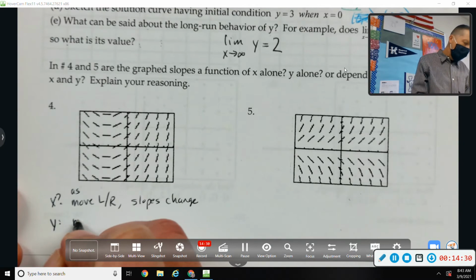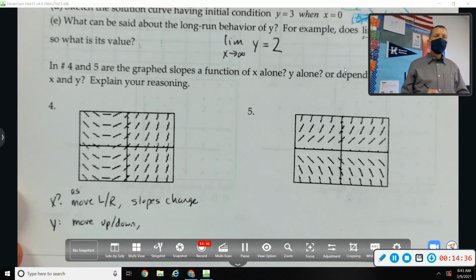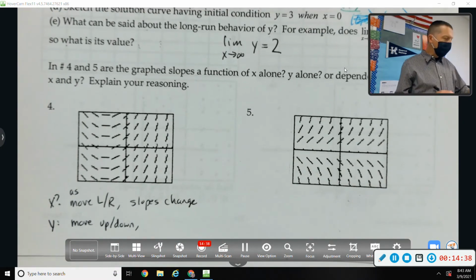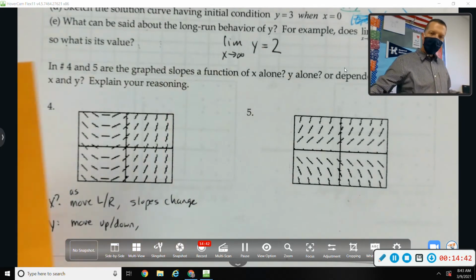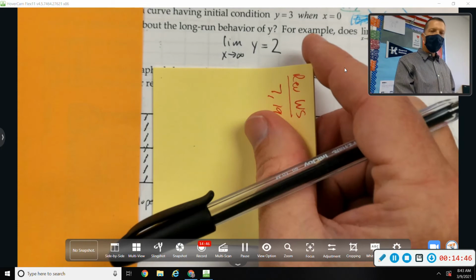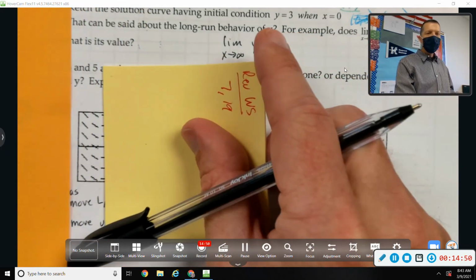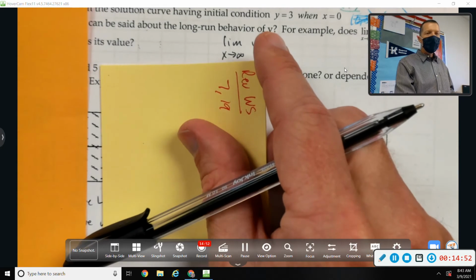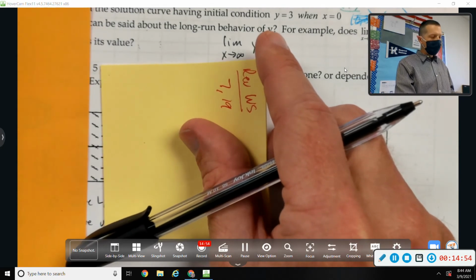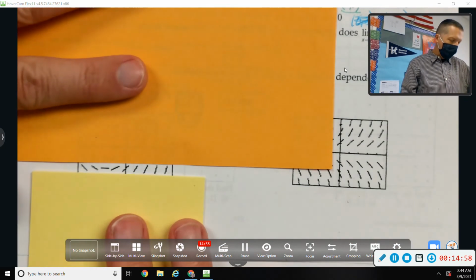For y, as we move up and down, so look at just like a column of answers. Do the slopes change as we move up and down? Look at a column of slopes. It doesn't depend on y. Pick any different x value, but it doesn't depend on y. As we move up and down, the slopes don't change. As opposed to if we move left and right, they're changing.